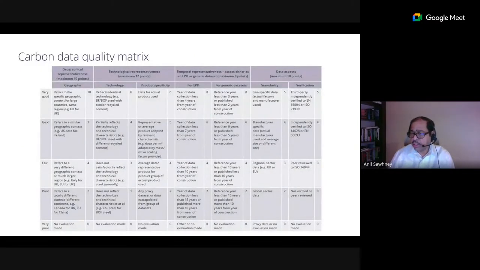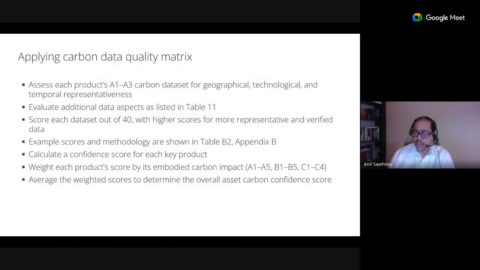So the other aspect you have to look at is time, and then you have to look at data. Okay, so these dimensions are looked at. You evaluate any additional aspects which are listed in table 11, score each data set out of 40 with higher scores for more representative and verified data. So higher the score, better it is.